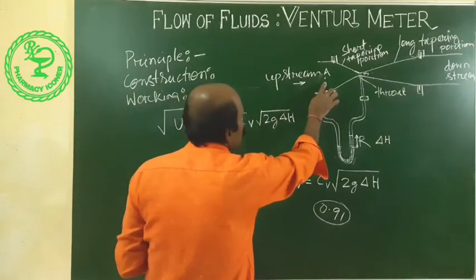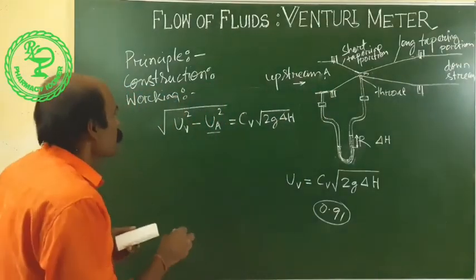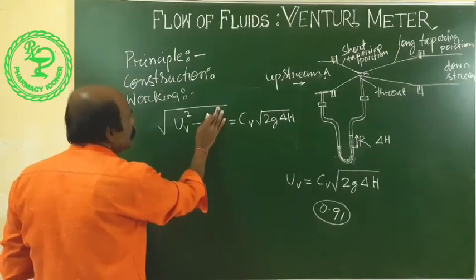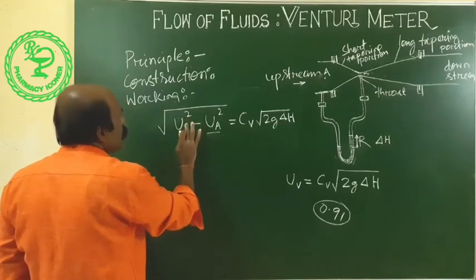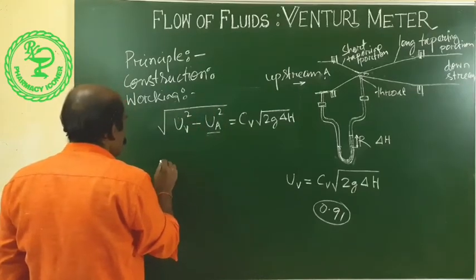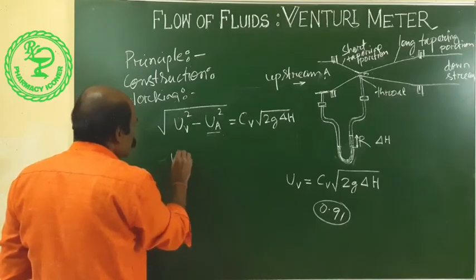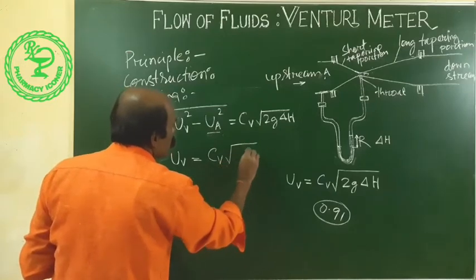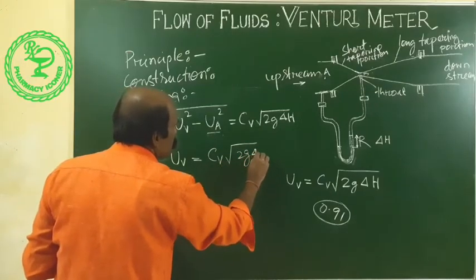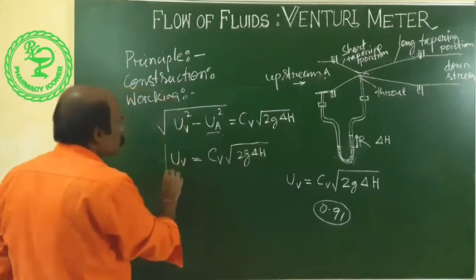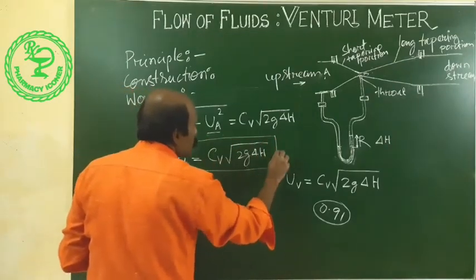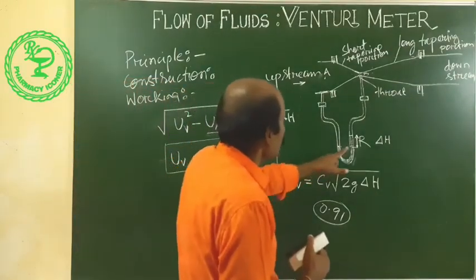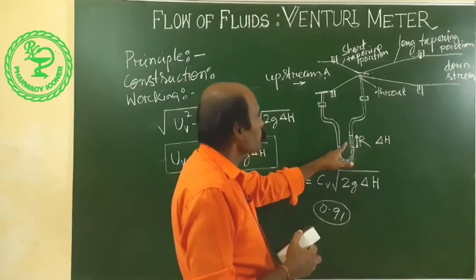It is very small, the velocity is very less, so we can neglect this one. So the square root of Uv square, Uv is equal to Cv root 2g delta h. This is the formula of the Venturi meter. So delta h can be taken from the manometer reading.